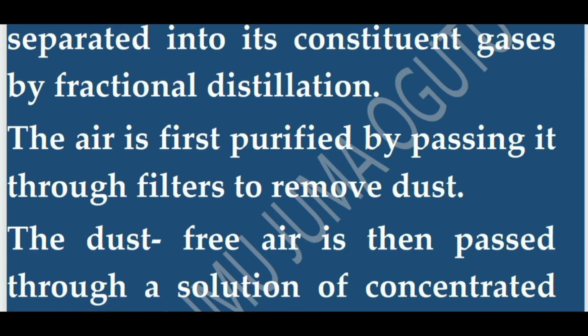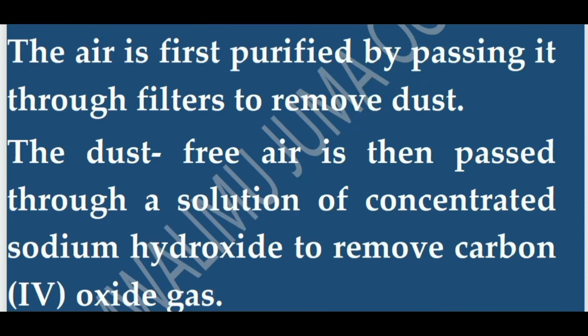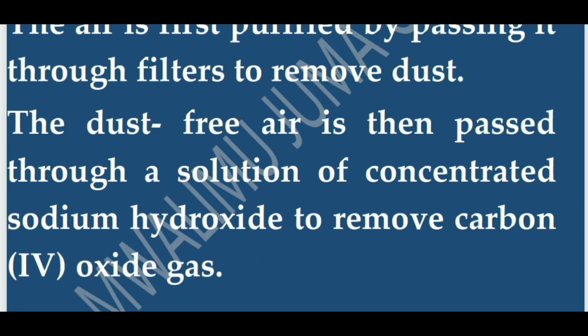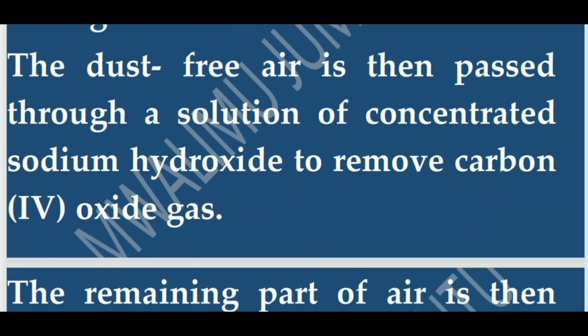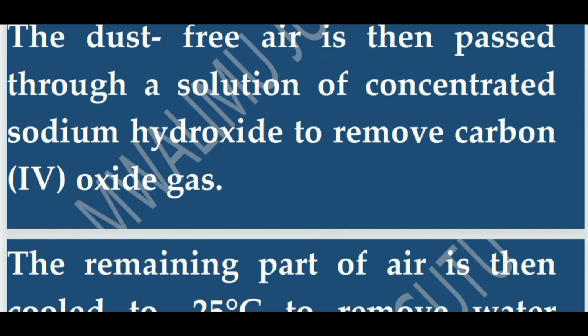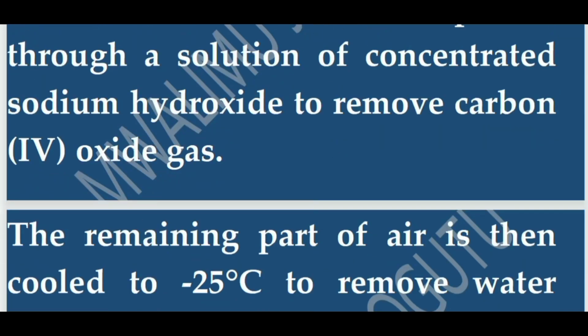So the dust-free air is then passed through a solution of concentrated sodium hydroxide, which absorbs carbon dioxide gas. So after passing through concentrated sodium hydroxide to remove carbon dioxide, the remaining part of air is now carbon dioxide free.